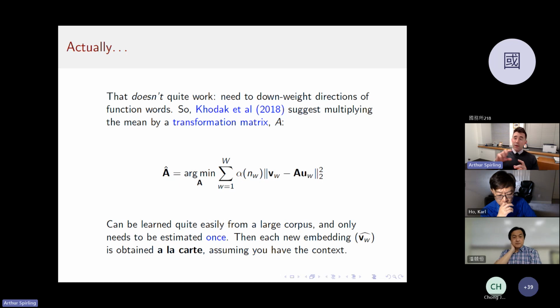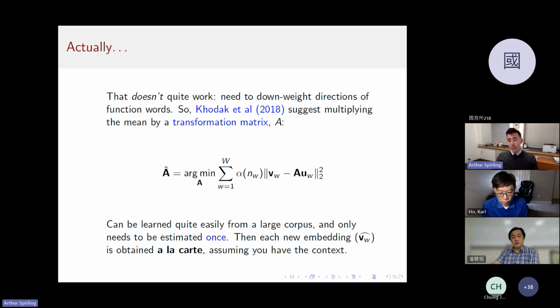So this will be a D by D matrix. So say your embeddings are of dimension 300. You're going to estimate this transformation matrix once. And every time you want a new embedding of some new term from your corpus, you're just going to multiply the average by this transformation matrix.